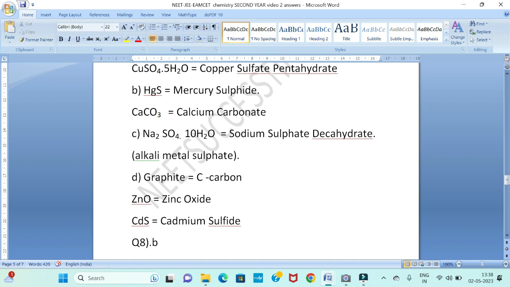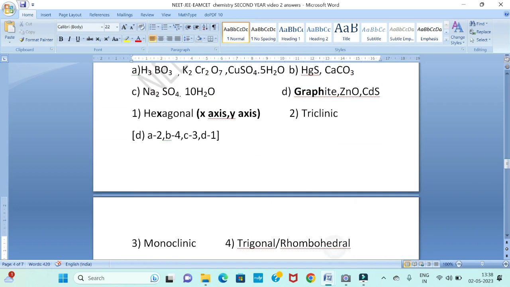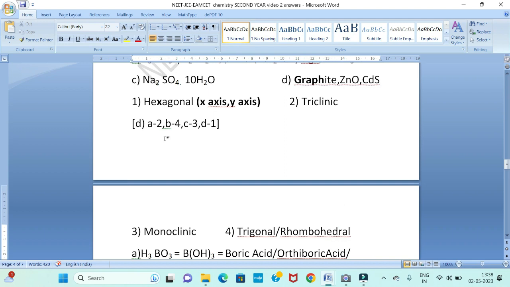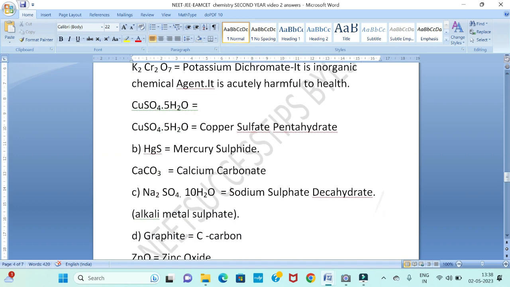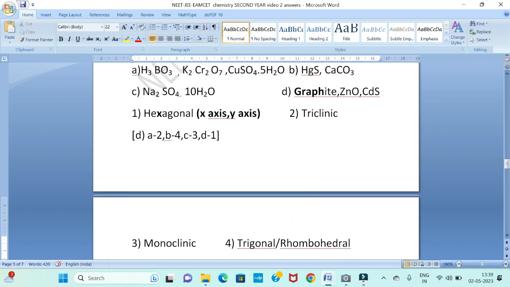Next graphite. Graphite, D. D is what? The answer is 1. D1 is hexagonal. In hexagonal, X axis, Y axis are there. In graphite, the keyword is graph. A graph contains X axis, Y axis. So graphite has a hexagonal shape.